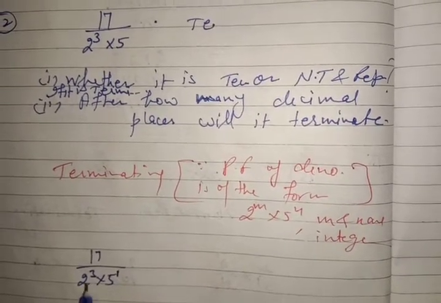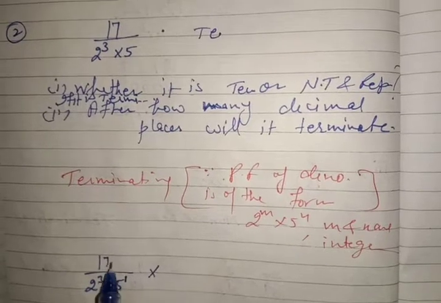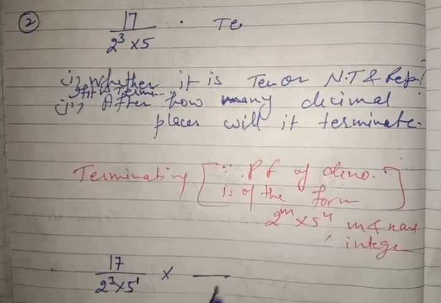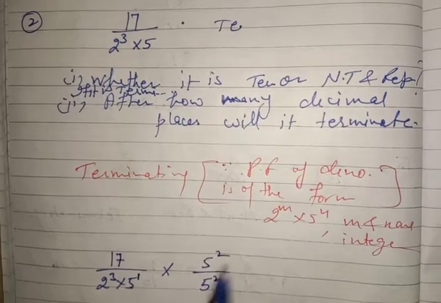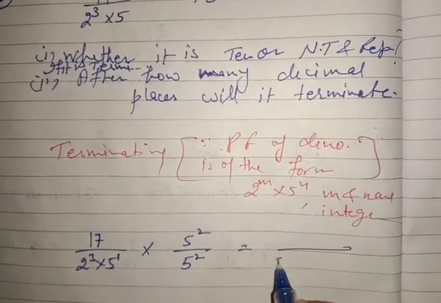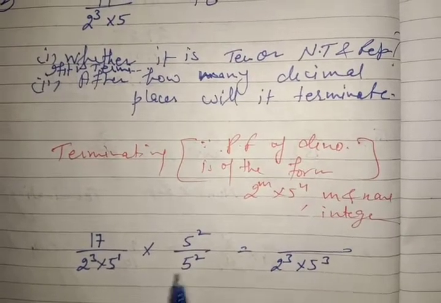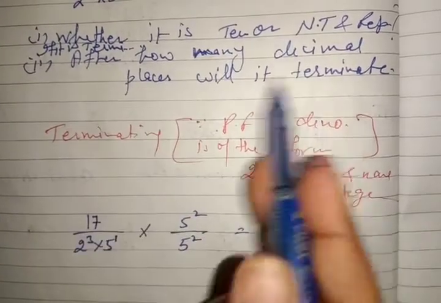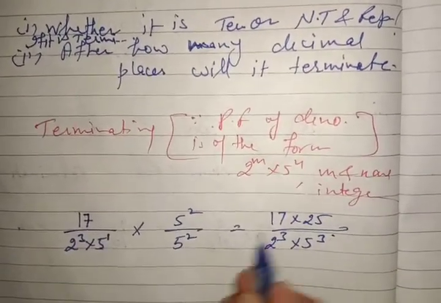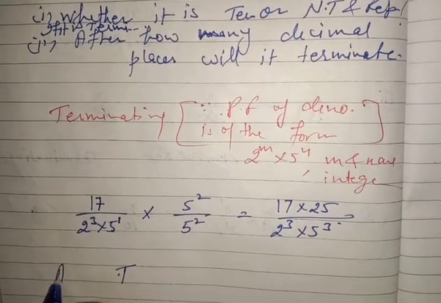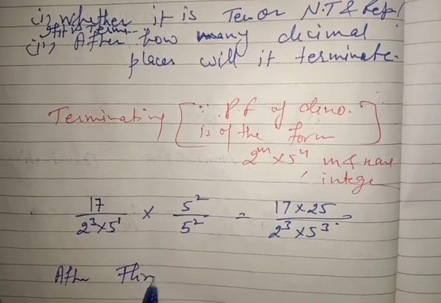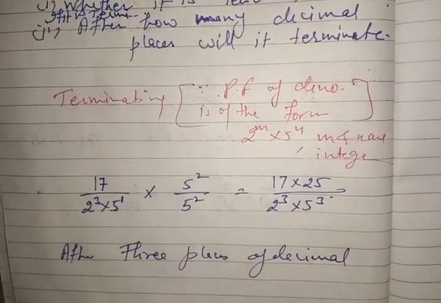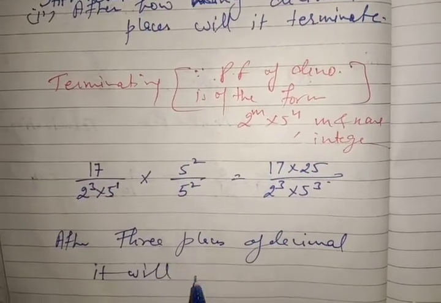Now if it is 2 raised to power 3 and 5 raised to power 1, to convert this into zeros I need 2 more 5s. So it will become 2 raised to power 3, 5 raised to power 3, and 17 into 25. They asked only after how many places it will terminate. 3. So you will write that after 3 places of decimal it will terminate.